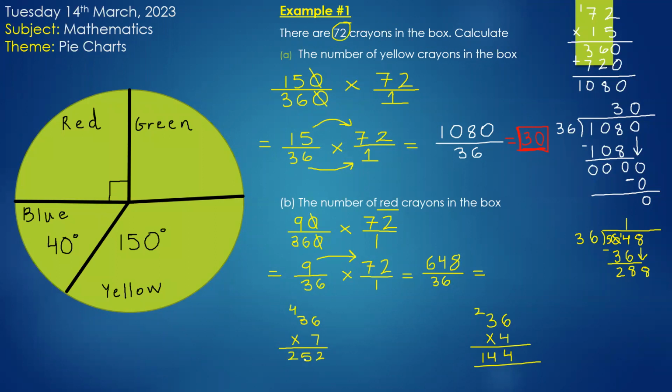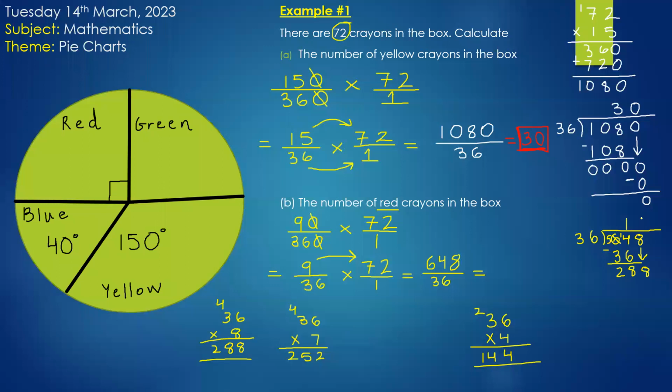That's closer. But let's see if we could do 8 and see if it gets even closer. So 36 times 8. 8 times 6 is how much? 48. And 8 times 3 is what? 24, plus 4 is 28. Look at that, exactly 288. So what can we multiply by 36 to give us 288? 8.